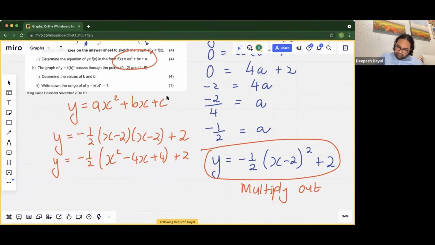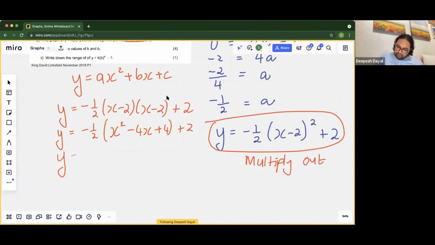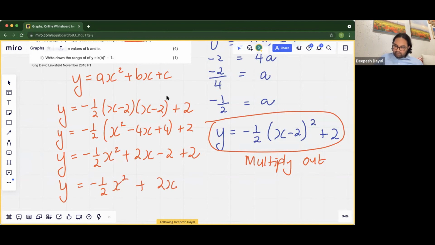So y = −½x² + 2x − 2 + 2. And then finally, the equation will be y = −½x² + 2x. And that is your final answer.